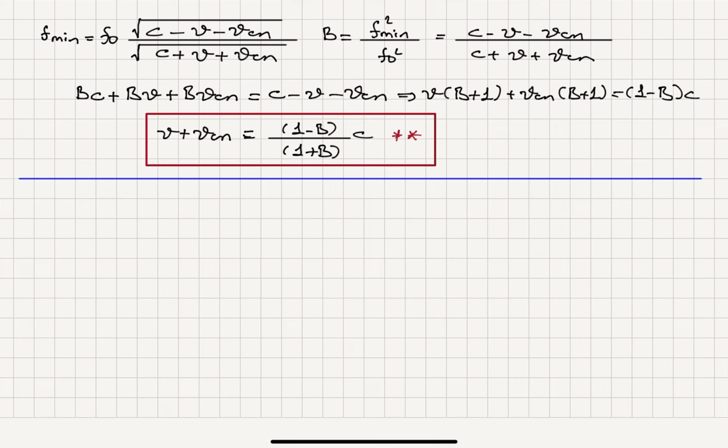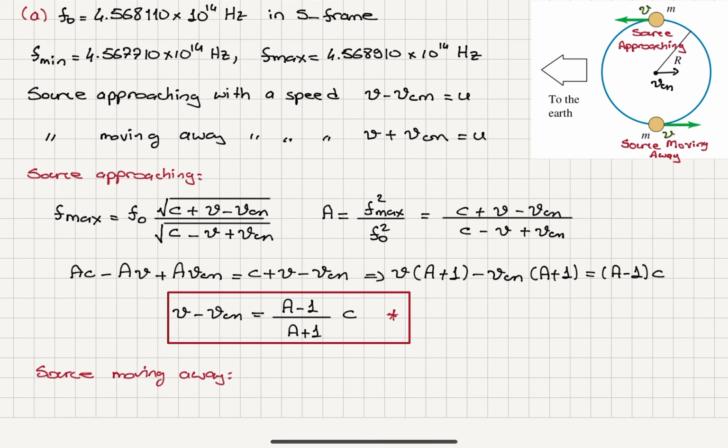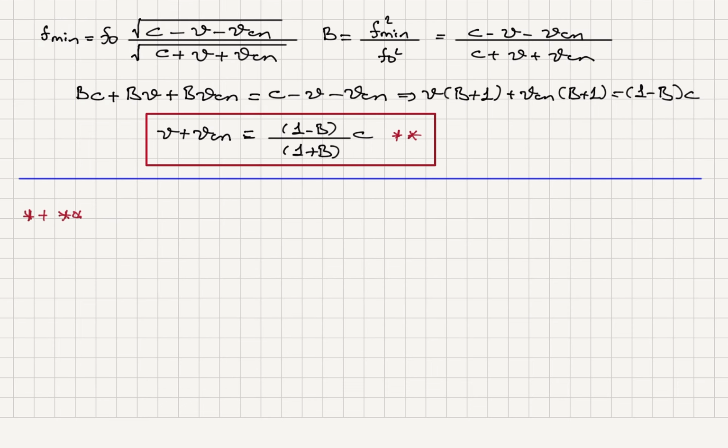Okay. Now if I add these two equations, star equation and double star equation, I will have V minus V center of mass plus V center of mass.